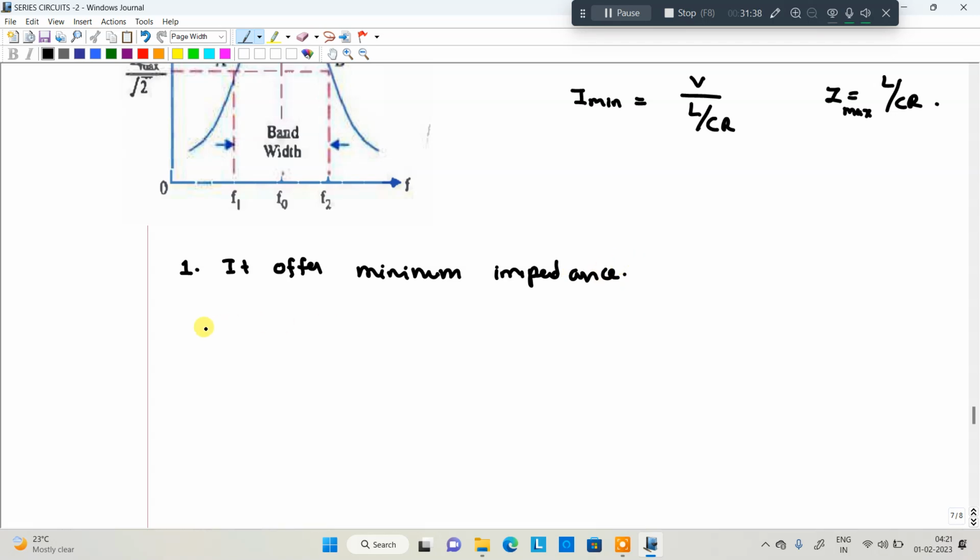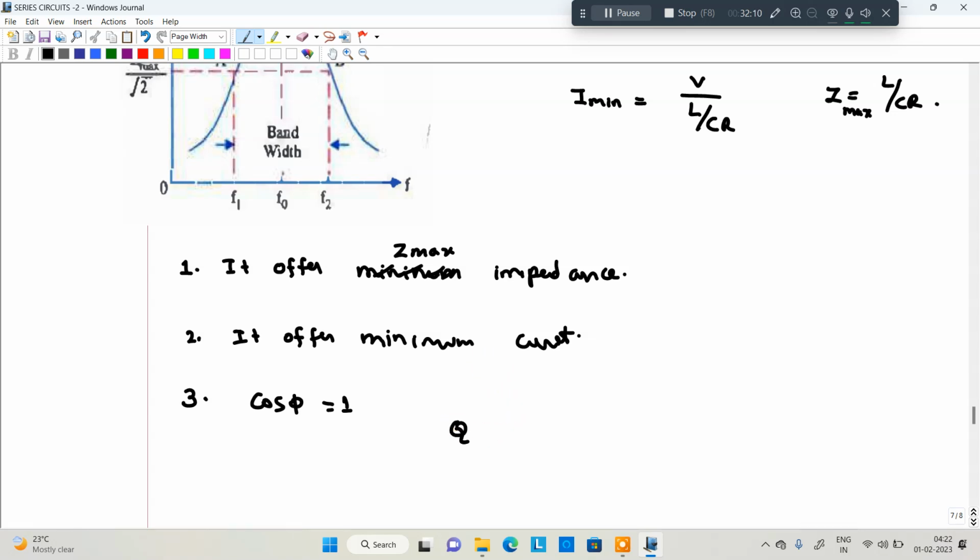The second point you need to remember: the parallel circuit offers maximum impedance, Z maximum, and it offers minimum current. But since the resistance is almost negligible, practically no DC drop, in this case also cos phi, the power factor, is unity. In the case of parallel resonance also, the power factor is going to be unity.